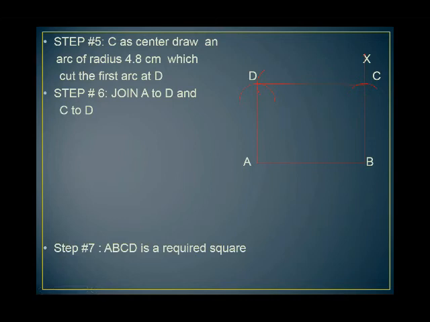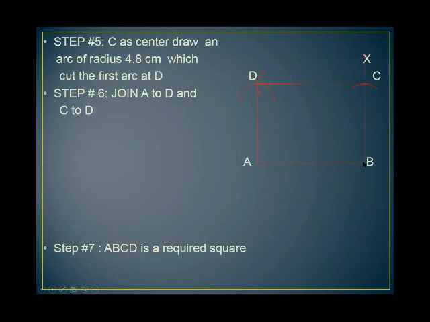Okay, I repeat the whole steps. First we have to draw the square, and we know very well that the sides of a square are all of the same measure. So that's why they have given us only one side, that is 4.8 centimeter. So first we draw the baseline AB 4.8 centimeter, and then we draw the perpendicular BX with the help of a protractor.